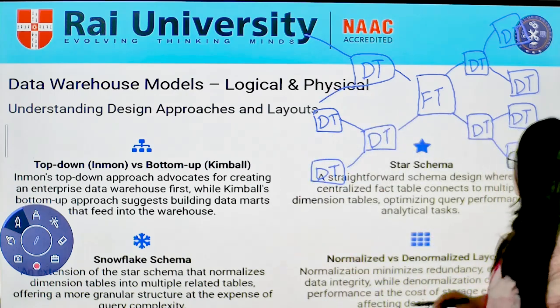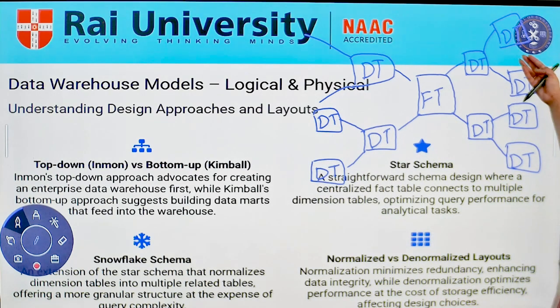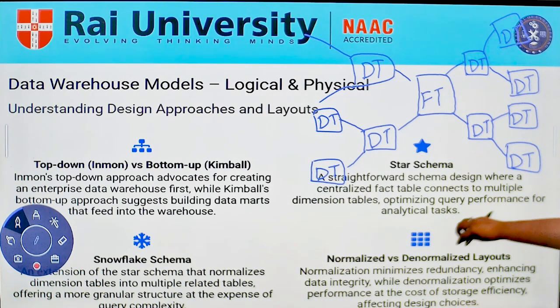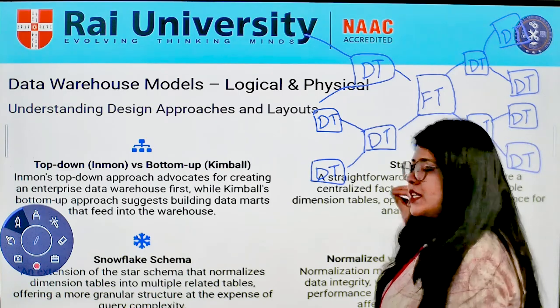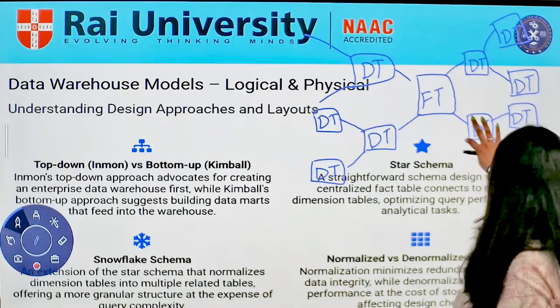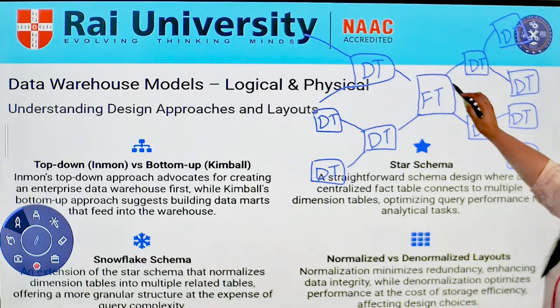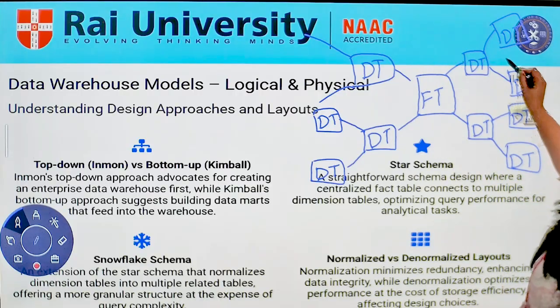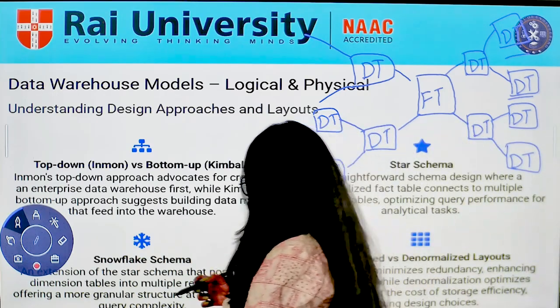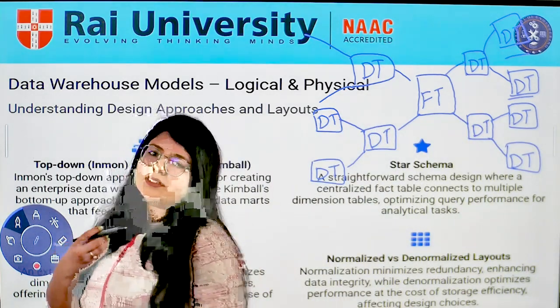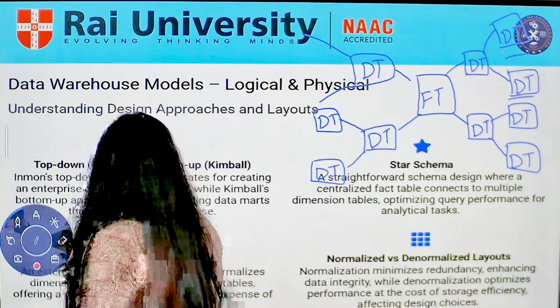Accordingly, it creates a star or snowflake like diagram. That's why it is called a snowflake schema, where the fact table is connected with dimension tables, and the dimension tables have one or more sub dimension tables.